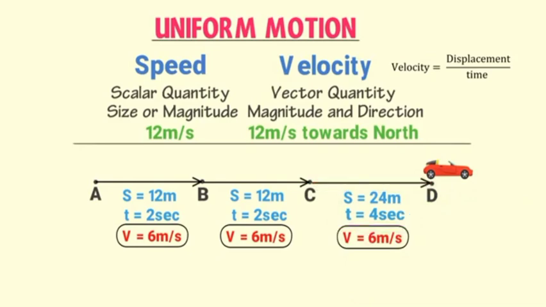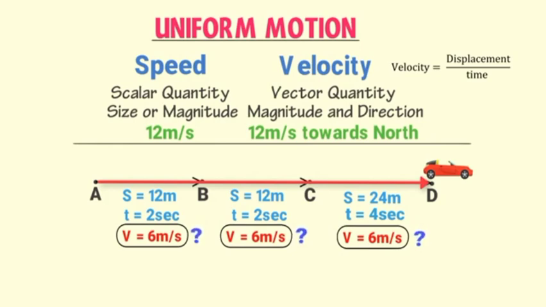Thus the velocity of the car is 6 meter per second from point A to point B, then from point B to point C, and then from point C to point D. What does this 6 meter per second mean? Well, it means that from point A to point D, your car covers 6 meter displacement in every second.